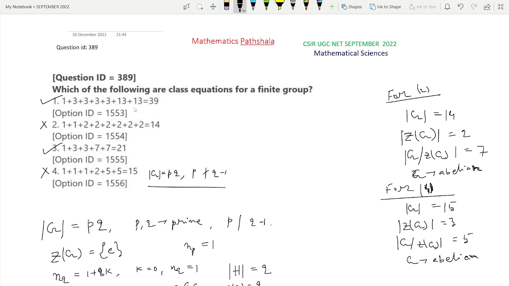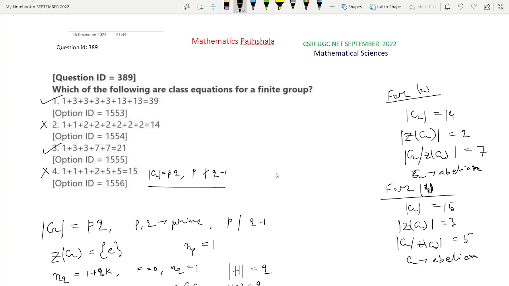And similarly, if we take Z39, the class equation will be 1 plus 1 plus 1, 39 times. And if we take a group of order 39 other than Z39, that will be one group which is non-abelian, and this will be the class equation of this group.